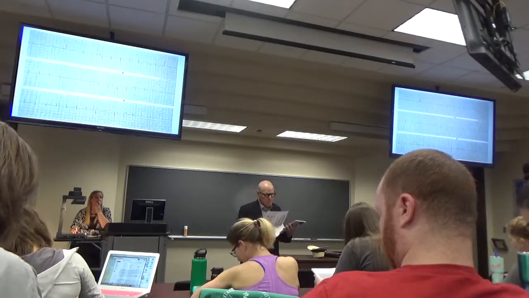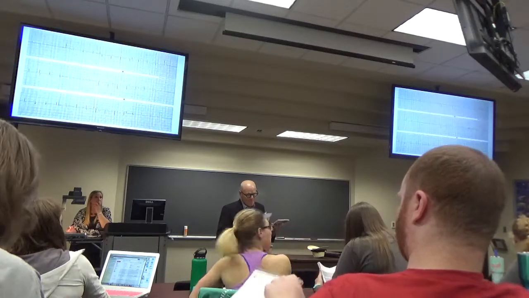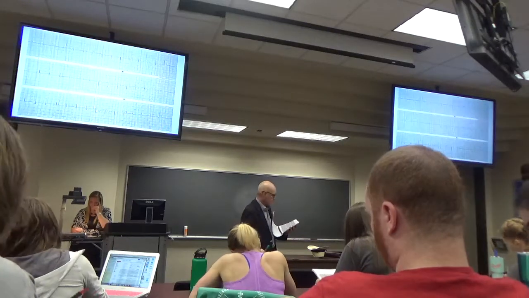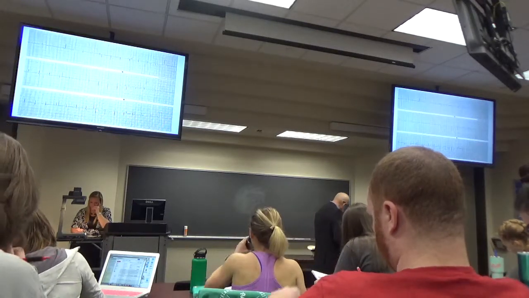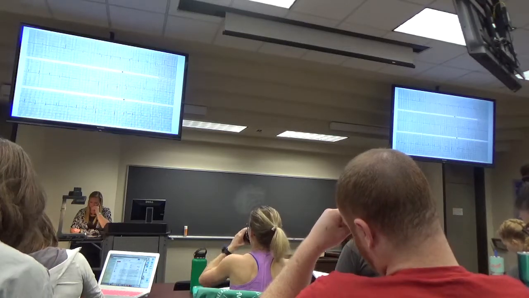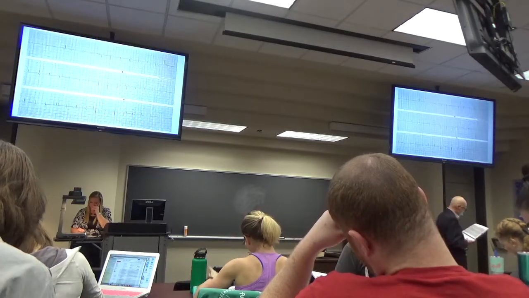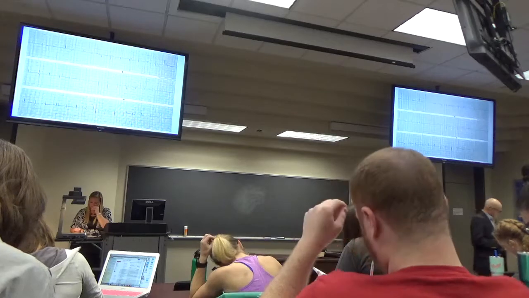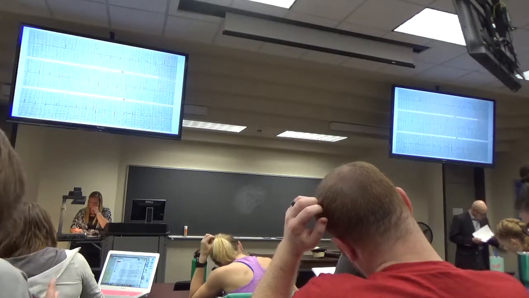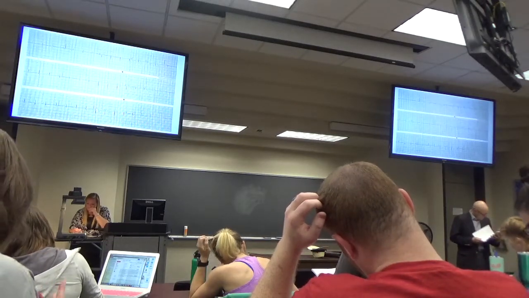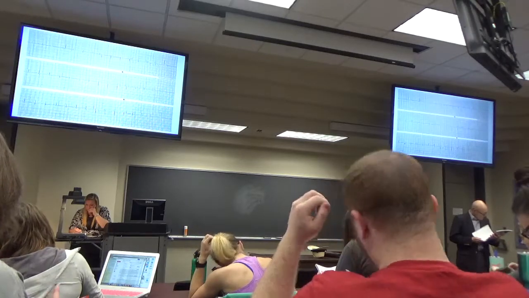Kendall? I got sinus rhythm, heart rate of 90, PR of 0.16, QRS of 0.04. I couldn't determine the QT. Normal axis of +70.